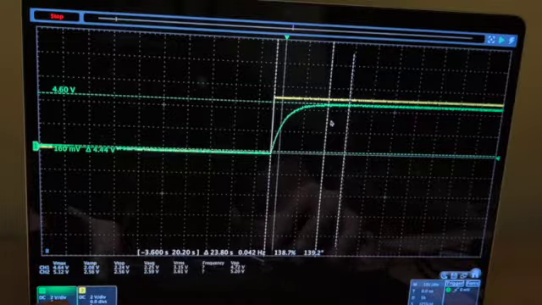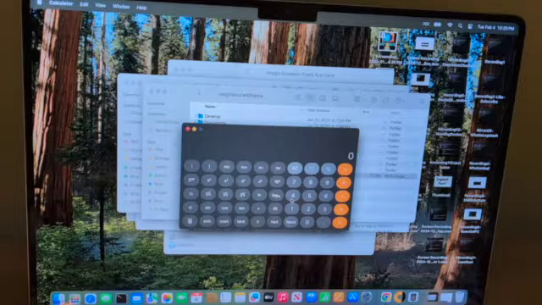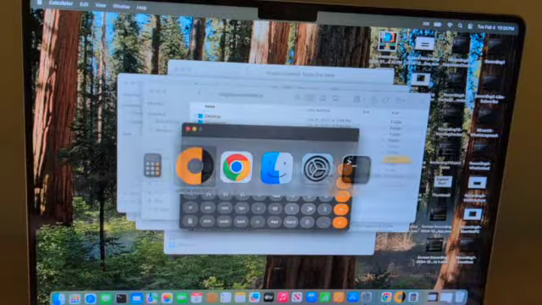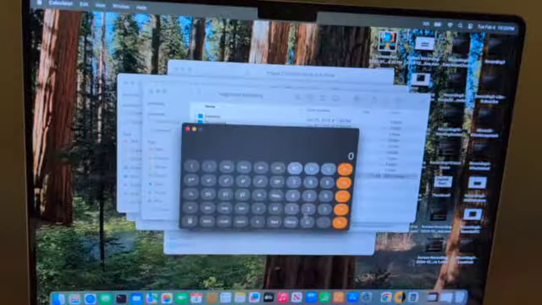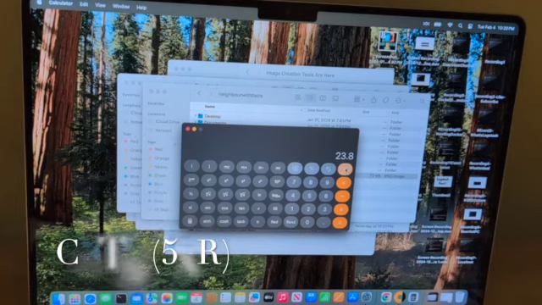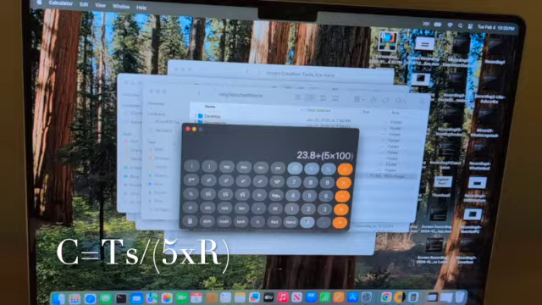So we said we're going to take the capacitance, which would be equal to the number of seconds. We'll take it as approximately 23.8 seconds, okay? So we put 23.8 seconds divided by 5 times the resistance, so it's 100,000 ohms, and we'll close the brackets, right?